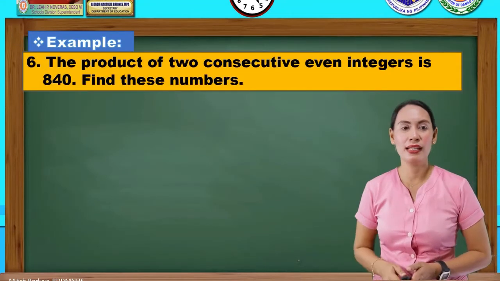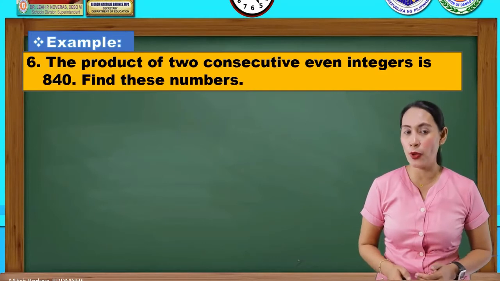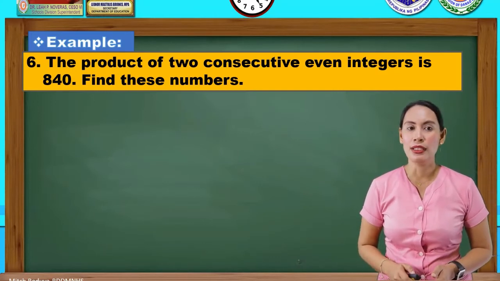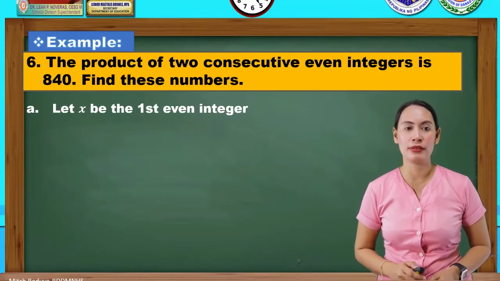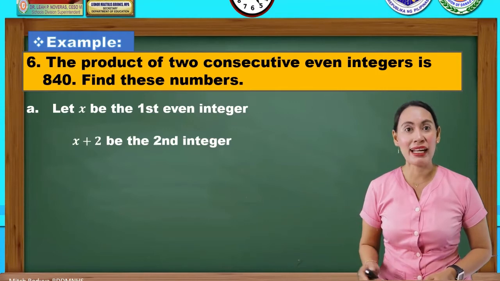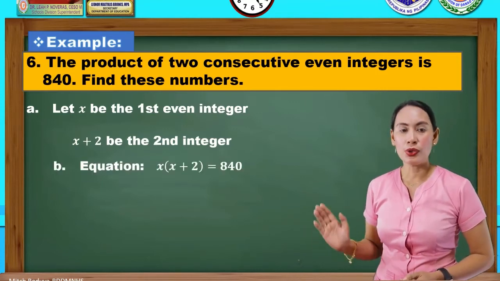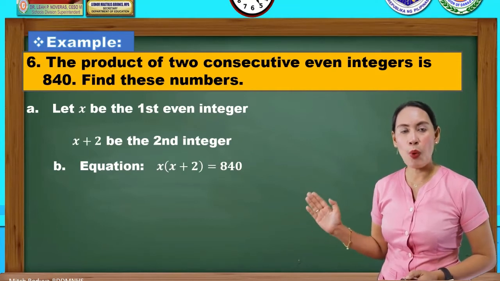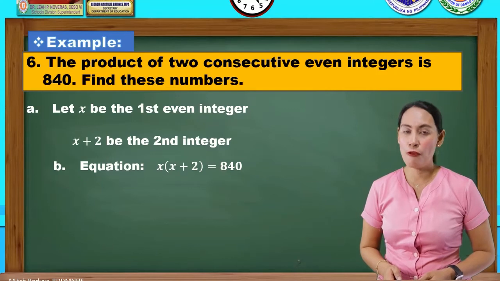Number 6. The product of two consecutive even integers is 840. Find these numbers. So we will let x be the first even integer and x plus 2 be the second integer. So here's the equation: x times the quantity x plus 2 equals 840.